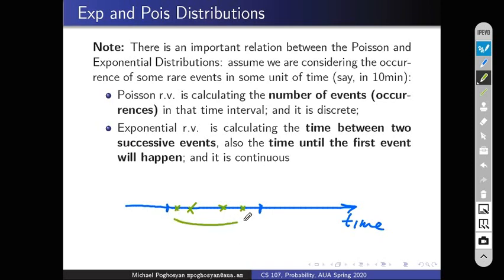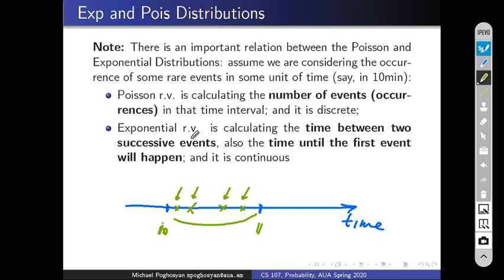Say this is the time interval from 10 a.m. to 11 a.m. and the event is a car passing by my window. So this shows that 4 cars passed by my window from 10 to 11 in one day. Maybe on another day that will be 3 cars or 10 cars, etc. So Poisson is calculating how many events we have in this time interval.